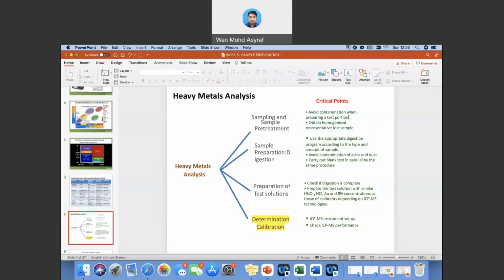All right. In terms of avoiding contamination, we have discussed this before, I think in about the second chapter, if I'm not mistaken.